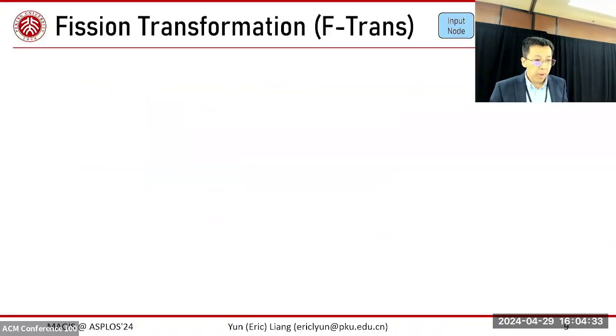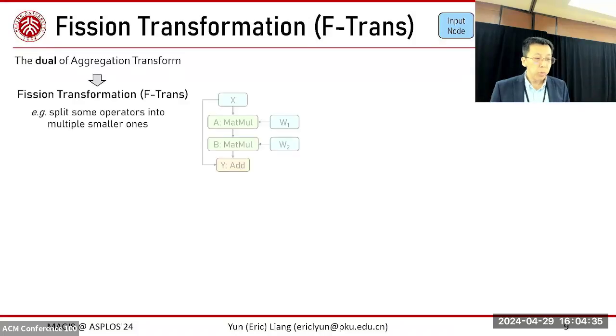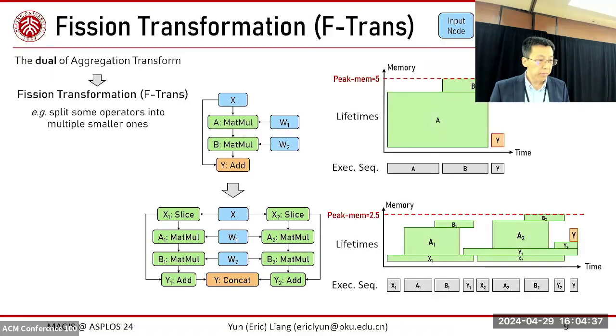So we introduced the dual, or the reverse, of aggregation, which means we try to split some operator into multiple smaller ones. We call this fission transformation. In this case, you can see that the latency gets worse because of lower hardware utilization, but the peak memory usage is reduced from 5 to 2.5.